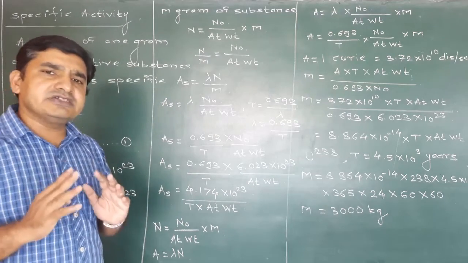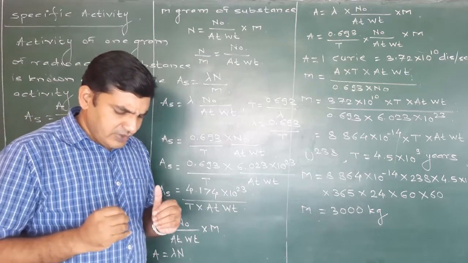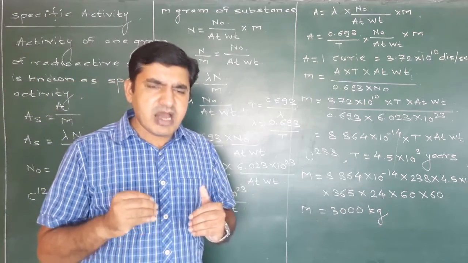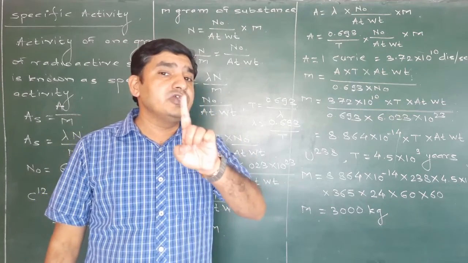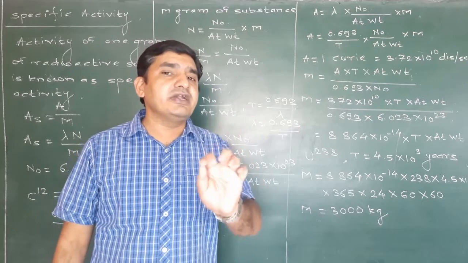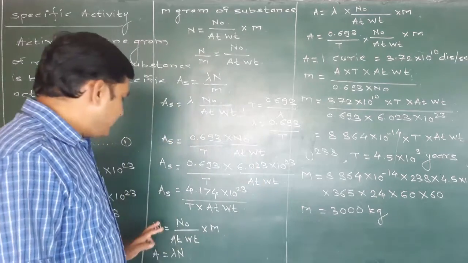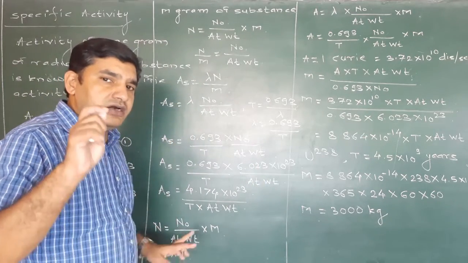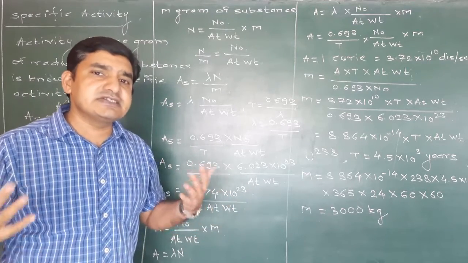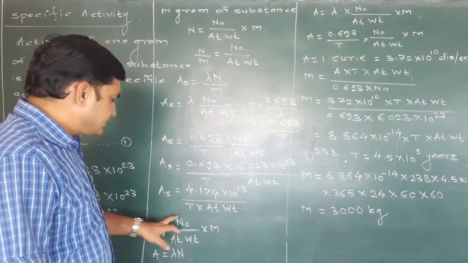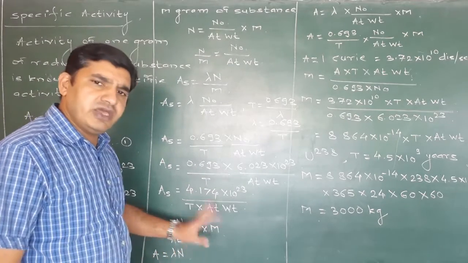Now, if we have to find the mass of a substance for 1 curie radioactive substance. Okay. For that, again, if we consider m gram of a radioactive substance, then it consists of number of atoms N equal to N0 divided by atomic weight into m.